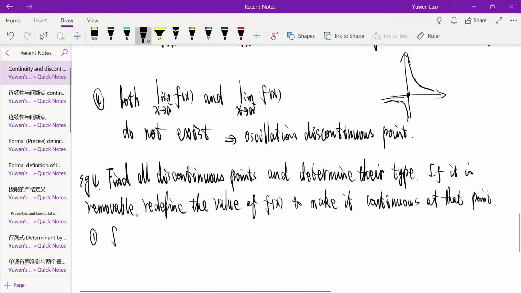The first one is f(x) equals (x plus 2) over (x squared minus 4). The second is f(x) equals (x squared plus 6x plus 9) over the absolute value of x plus 3.